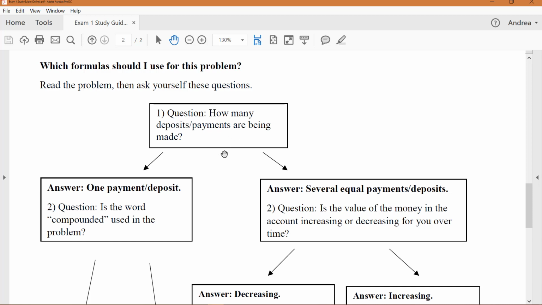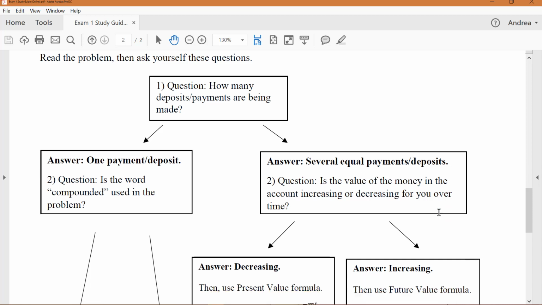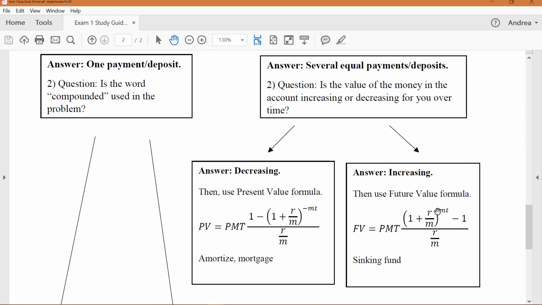If there are multiple deposits or payments being made, then we're talking about an annuity of some sort. The next question would be, is the amount in the account increasing or is the amount in the account decreasing? If the amount is increasing for those multiple payments, then we're going to use that future value formula. So that's what we're going to talk about here in section 3.3.